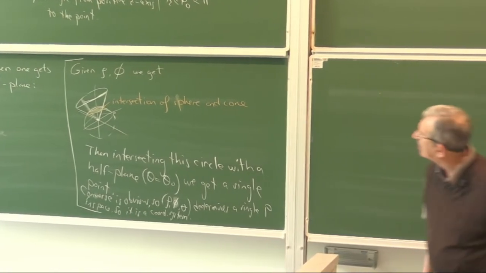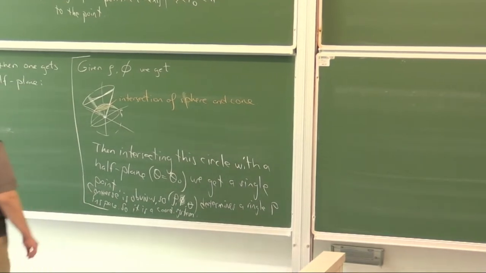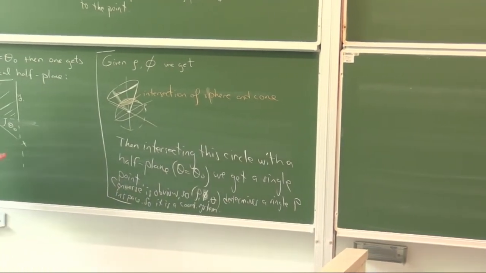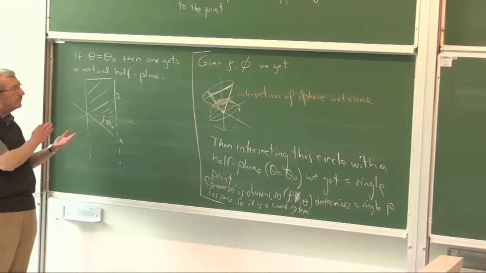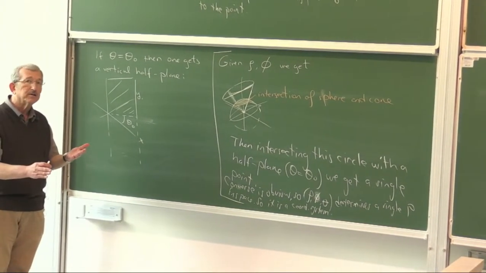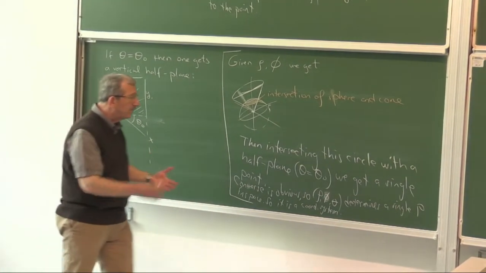Now, maybe a question could be the following. Why don't we have the values of phi ranging from 0 to 2 pi? It's an angle after all. And instead of that, from 0 to pi.